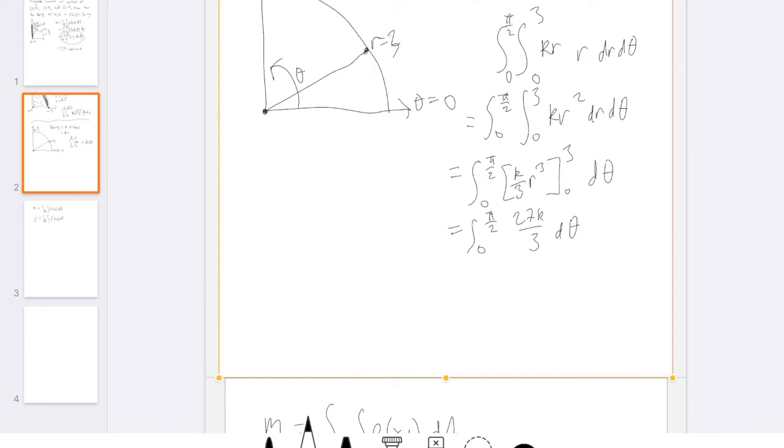And since k is a constant, we can just pull this whole thing out. And while we're at it, we can take the integral from 0 to pi over 2 d theta, which would simply be theta from 0 to pi over 2, and we get our final mass of 27 pi k over 3, which is 9 pi k. And then I guess it would be mass units.